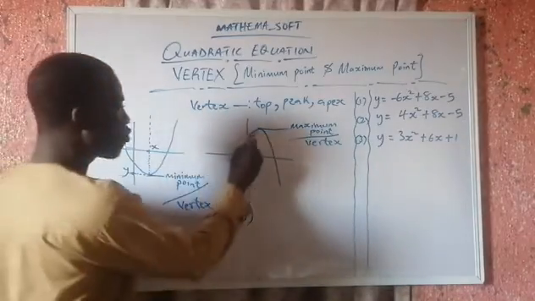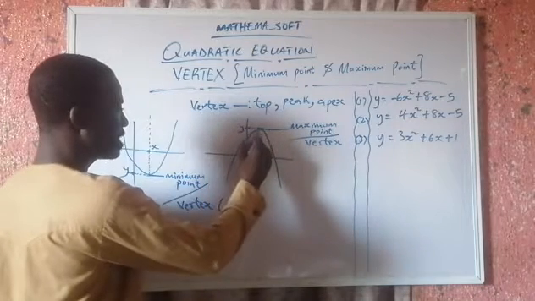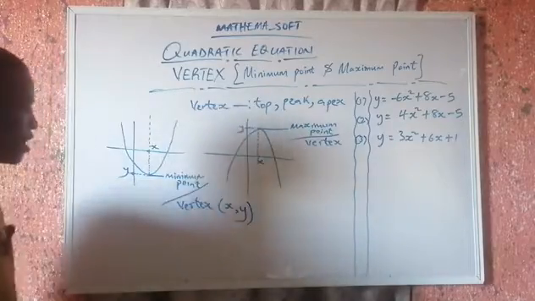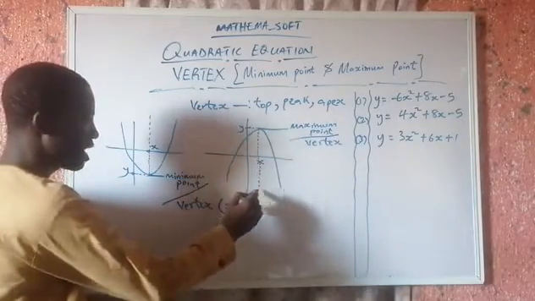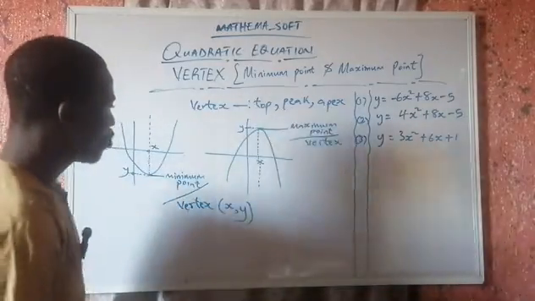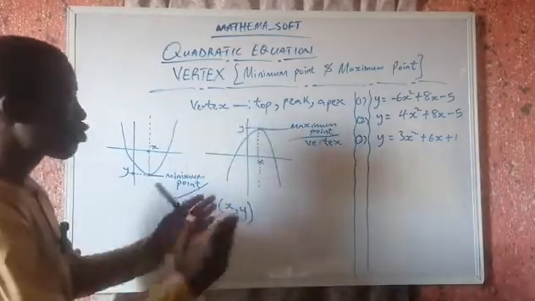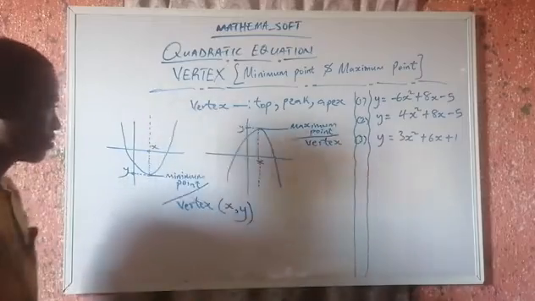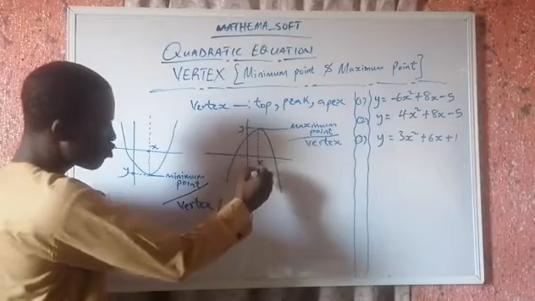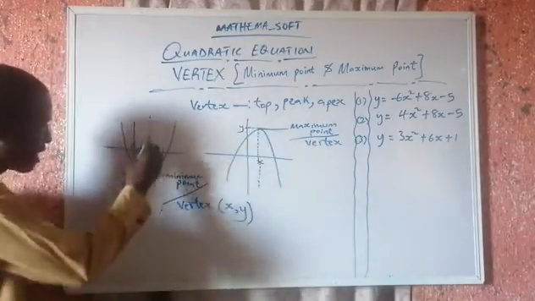We can also trace the y coordinate of this maximum point to this place, and we can trace this down to x here. Now let us recall from our last lesson on line of symmetry. We said that a line that divides the curve into two equal parts is called the line of symmetry. In other words, this line that cuts through the x-axis here is the line of symmetry, and this is also the line of symmetry.